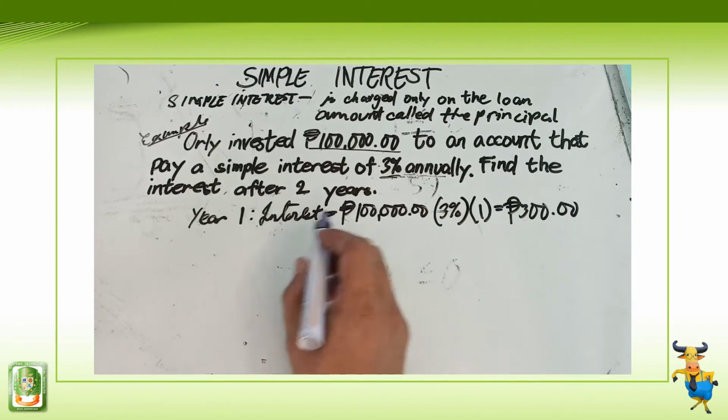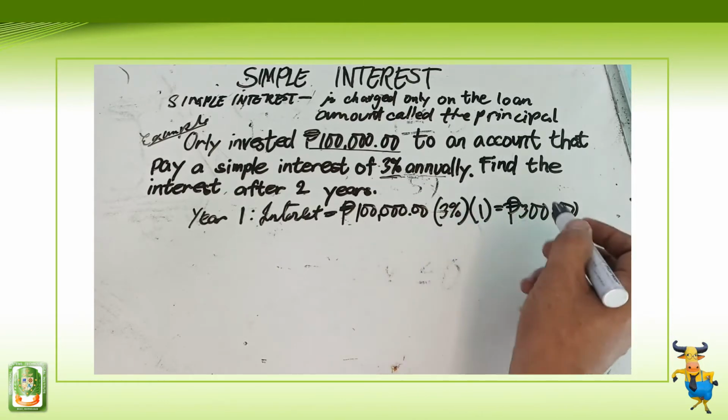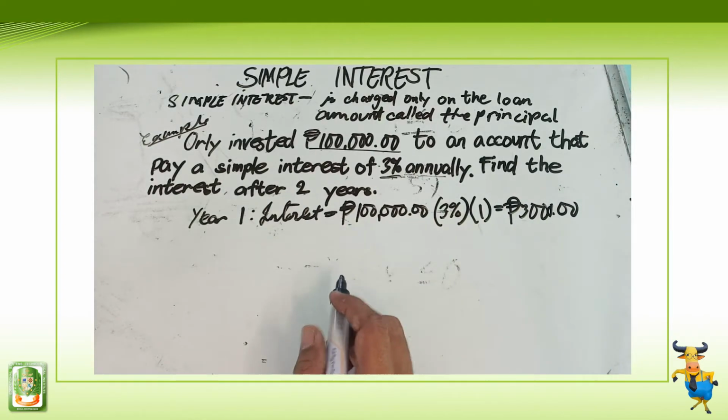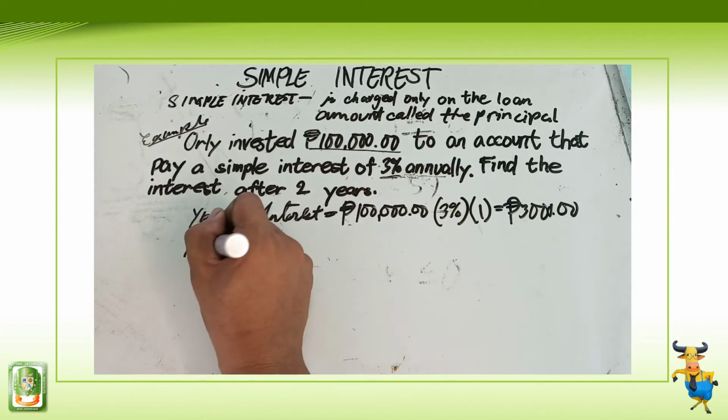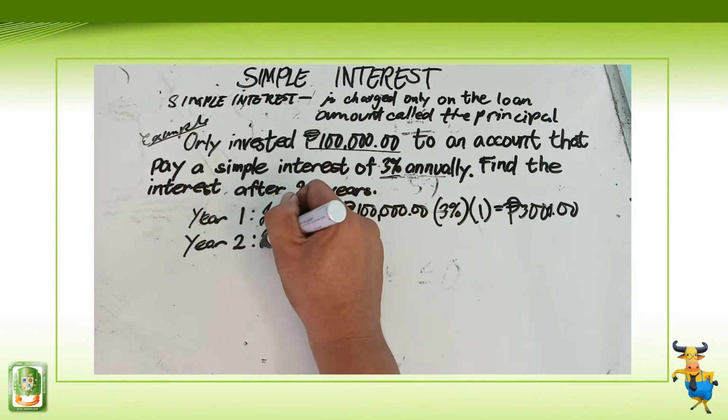So, sa isang taon, ang interest ng 100,000, kung times natin sa 3%, is equal to 3,000.